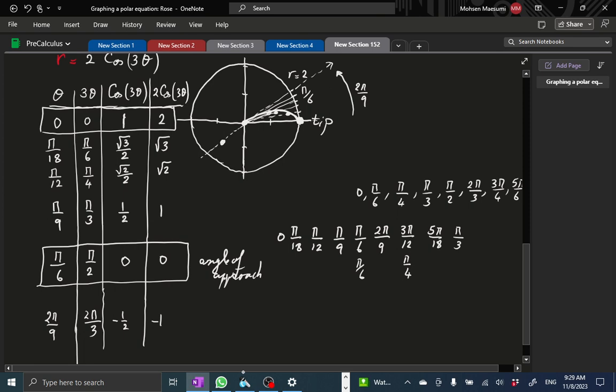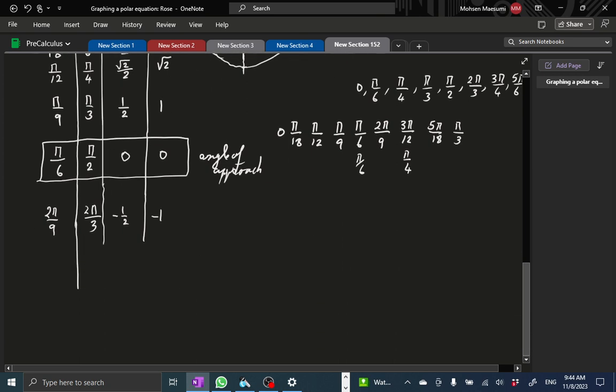Okay, so what happens is that the petal continues on the other side. So we continue listing points. It's going to be a bit easier on the plotter, but just to get the idea.